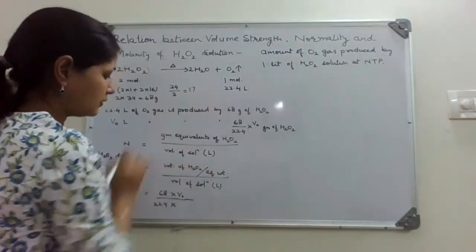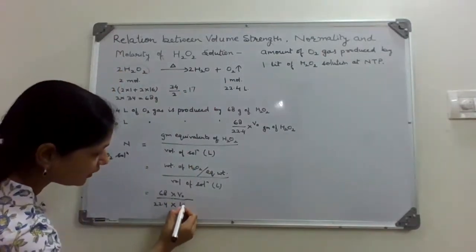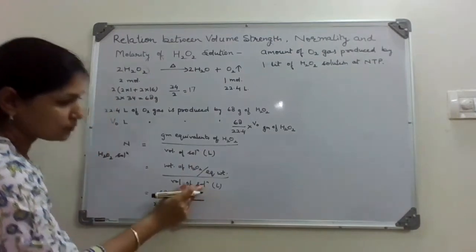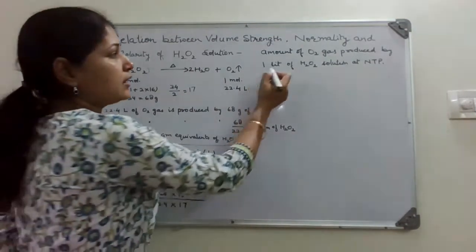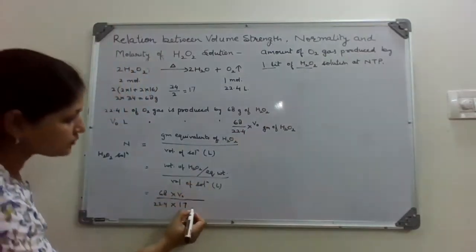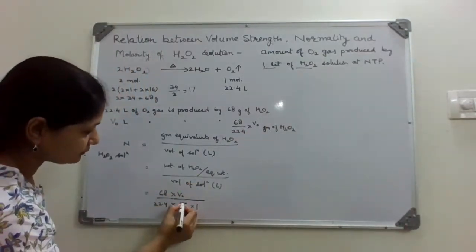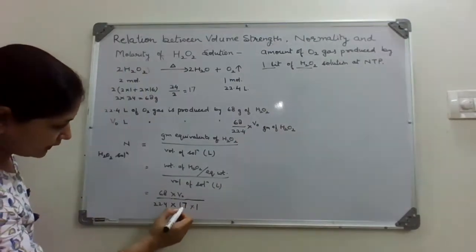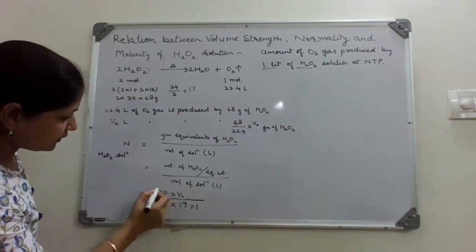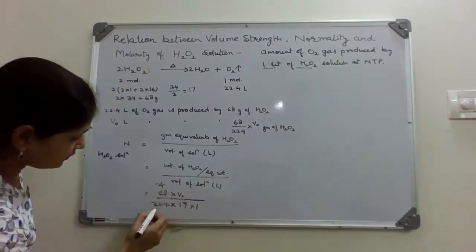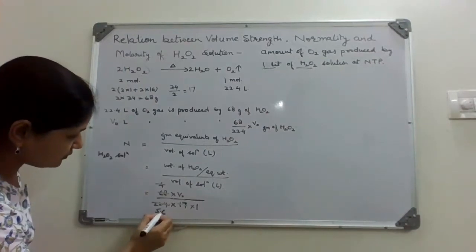It is 17. Volume of solution: we are considering here 1 liter of hydrogen peroxide solution. If we solve this, we'll get 17 4s are 68. If we divide this, it is 5.6.